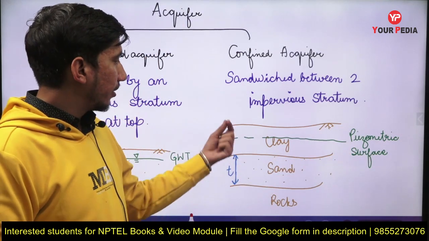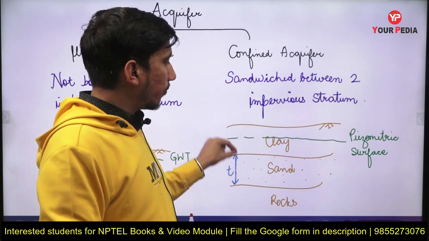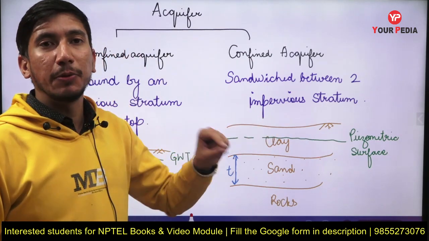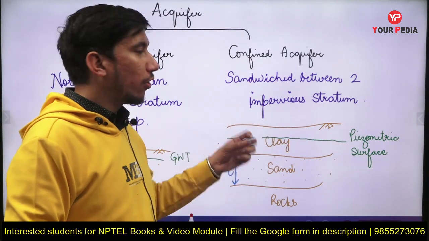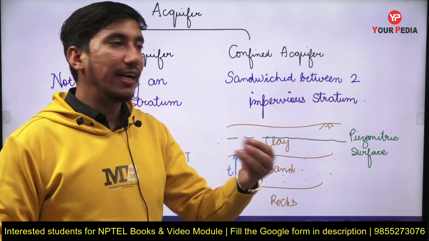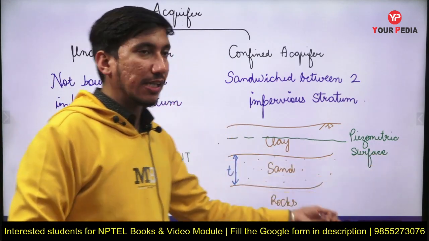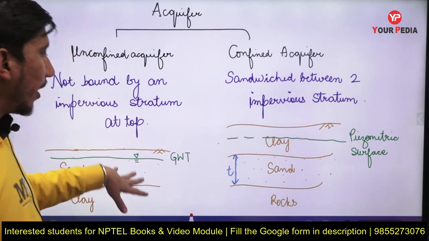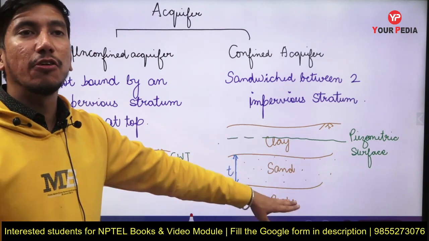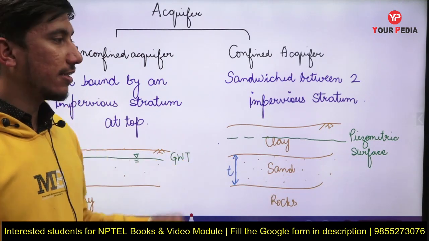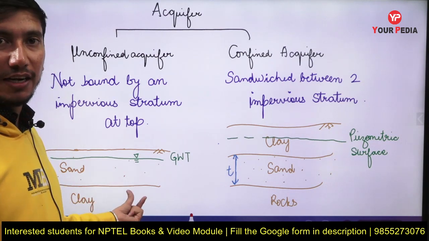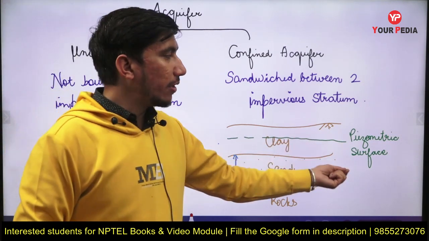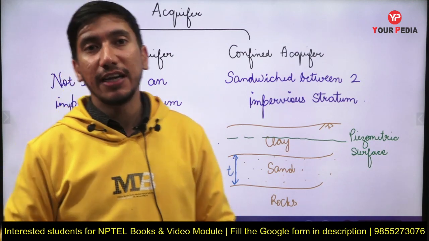So the top level up to which the water will rise, if a piezometer is connected here or a well is dug in the confined aquifer, is called as the piezometric surface. Piezometric surface is equivalent to the groundwater table in case of your confined aquifer. Okay, groundwater table occurs in unconfined aquifer, and piezometric surface is found in confined aquifer.